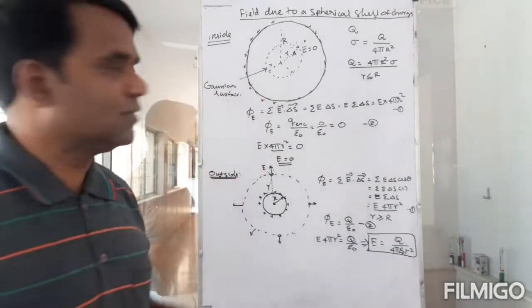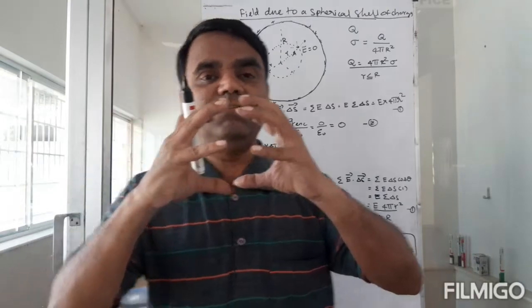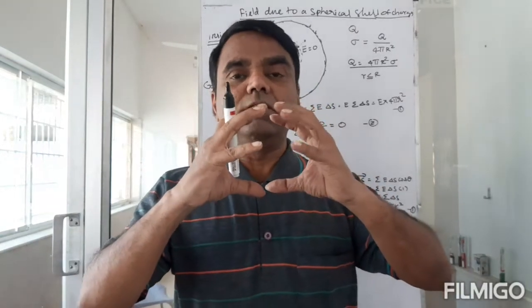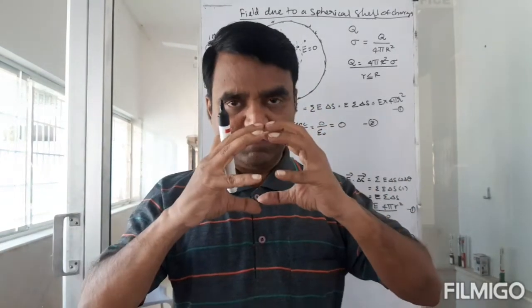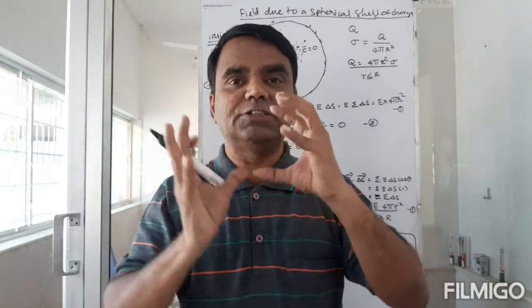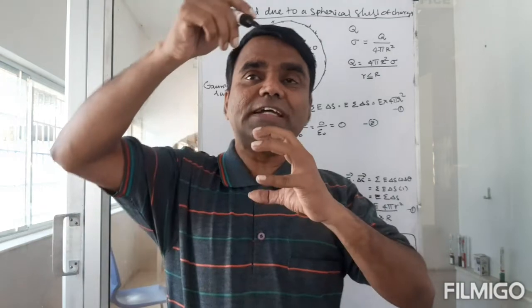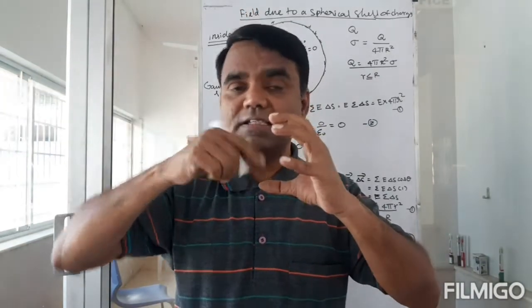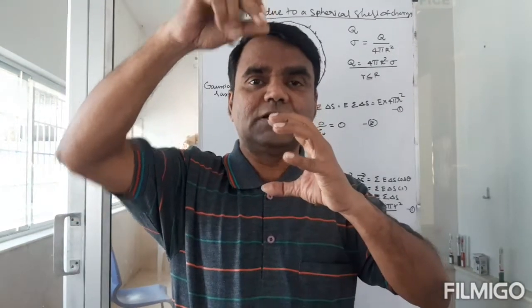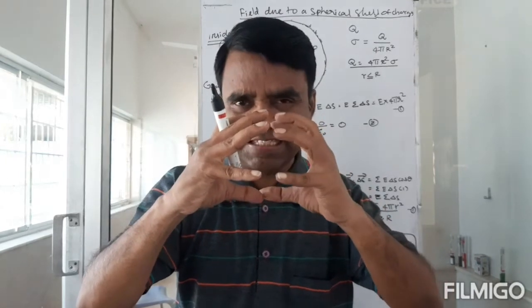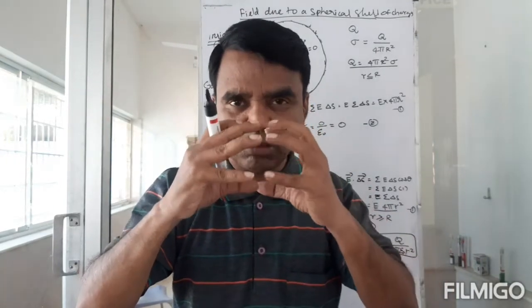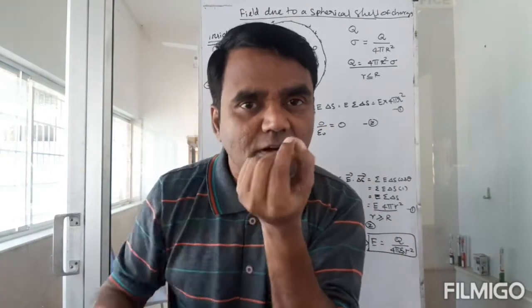So notice that even though I have a spherical shell of charges, for the points outside the shell, not for the points inside, it behaves as if all the charges were concentrated at the center.